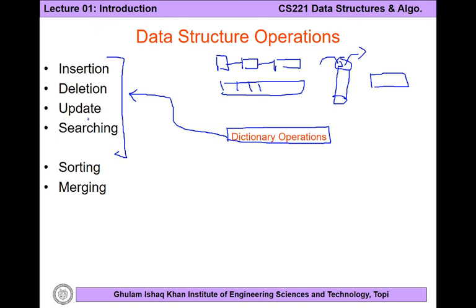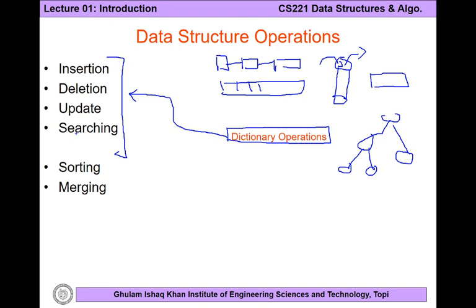So these are very important operations. Say you create a new data structure, maybe a tree, and you want to analyze how efficient it is. You evaluate its performance on insertion, deletion, updation and searching, the dictionary operations. Again, remember, I have not explained to you how we can do the evaluation. Evaluating a particular data structure or algorithm is a different topic which we will be covering inshallah in the next lecture.